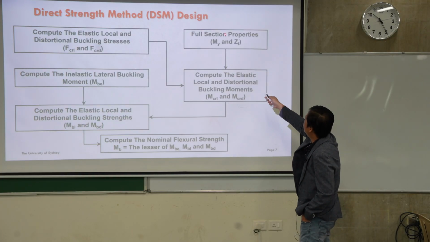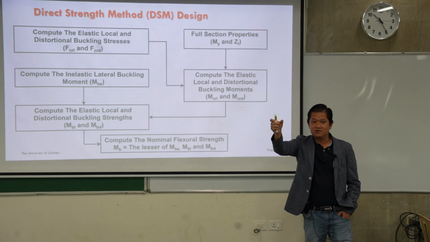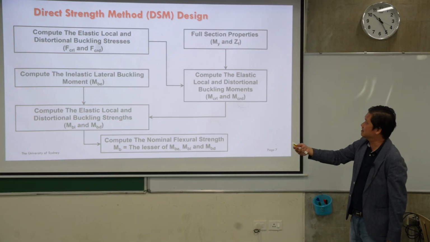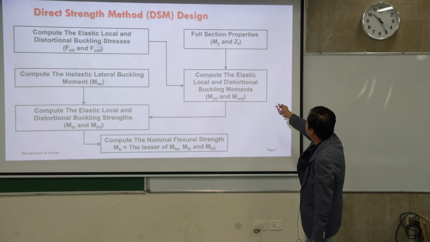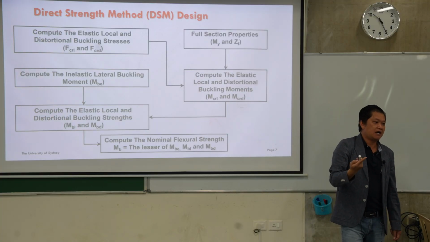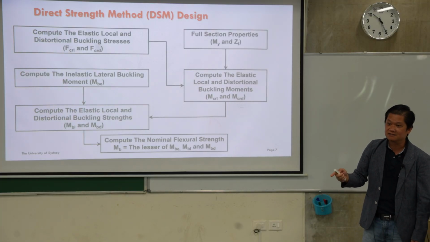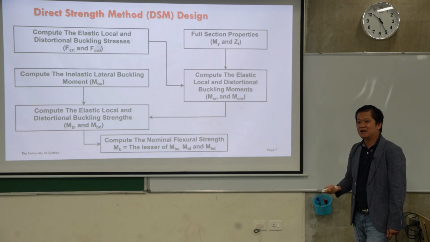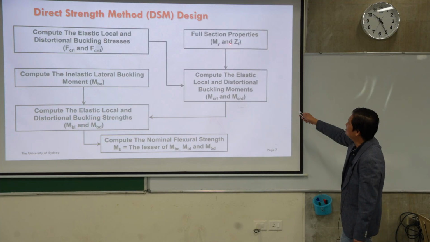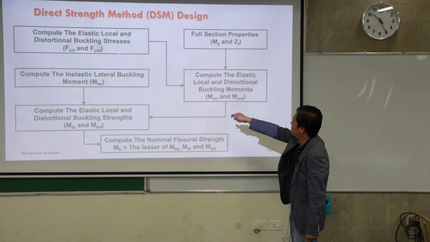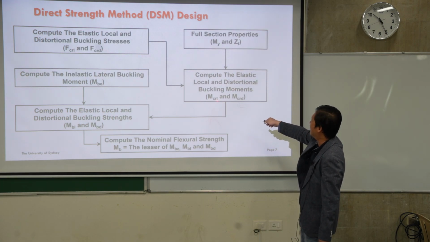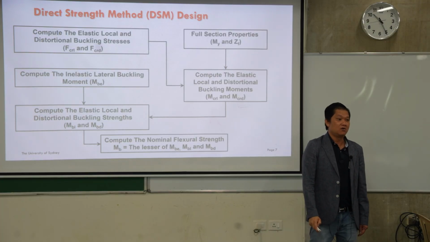On the other hand, from the cross section, you can work out the yield moment, easy, right? You just get Z times Fy. Zf is the full elastic section modulus of the full section, so easy. You can calculate by hand, or you can calculate using Thin-Wall 2. Then you multiply by the Zf and you get M critical L.